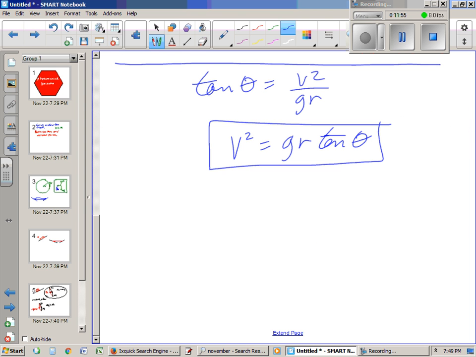Let's say that we have a large banked turn, and we want to find out what speed we can go around that turn given its radius and its angle. So let's say we have g, of course, 9.8 meters per second squared. Let's say the radius of the track is 100 meters. Let's say the angle of the turn is, let's say, 15 degrees. So it'd be the tangent of 15 degrees.